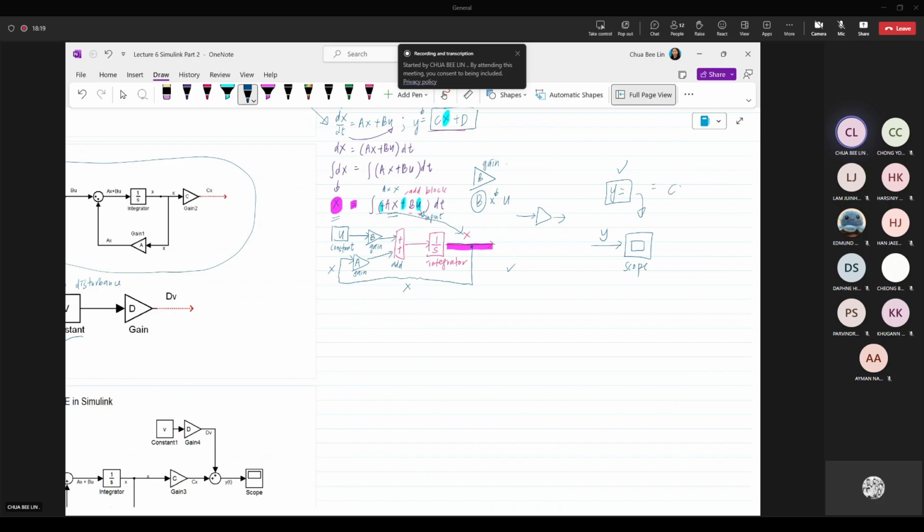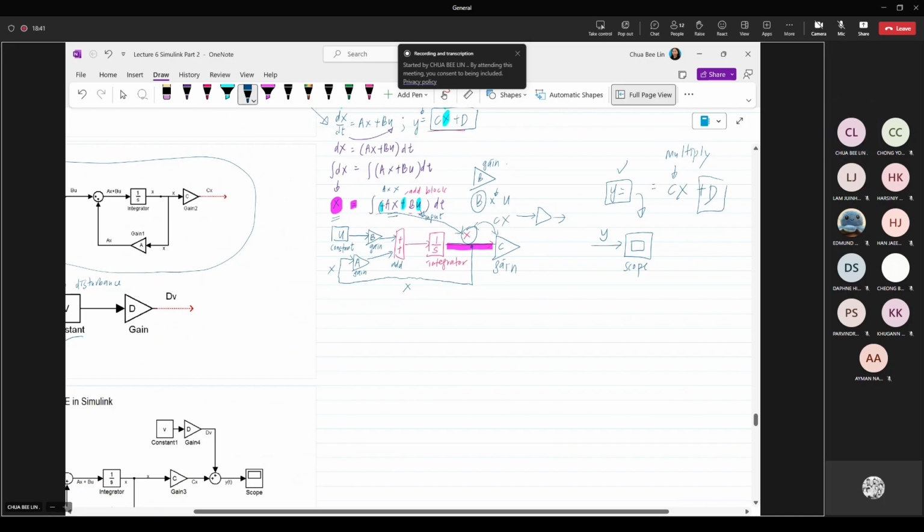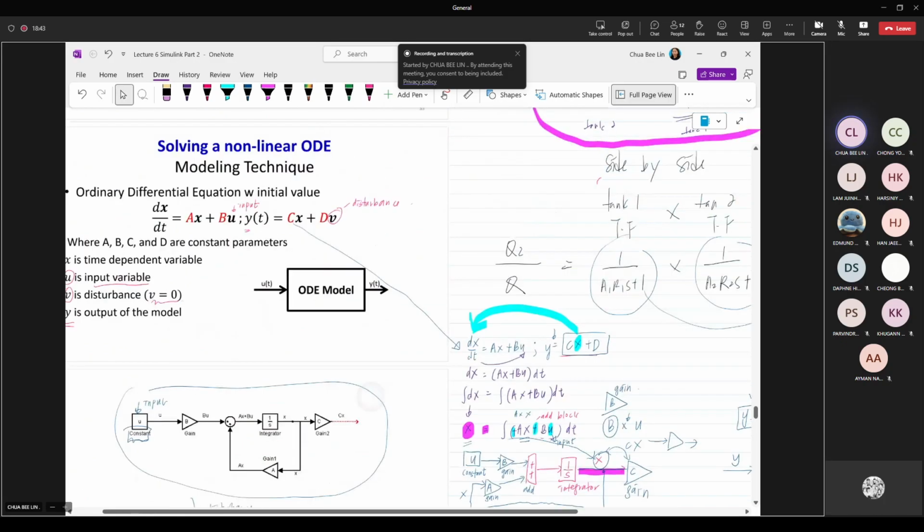Then we have the Cx plus D. You already have your X here, and C stands for multiply again. And you will need to actually continue with the gain block. So you'll be having the C over here. So this one is Cx. And you plus D, what? You having the Cx plus dV.